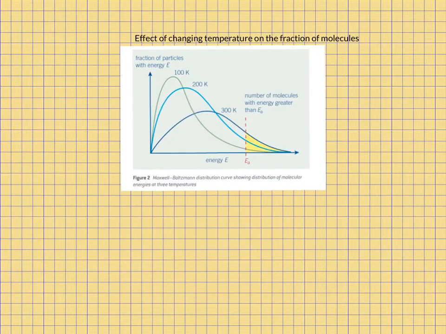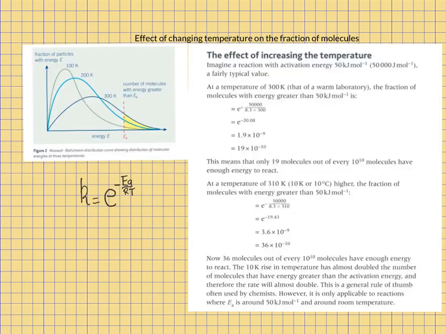So from AS we all recognise this Maxwell-Boltzmann distribution again, but now we can have a value for the fraction of molecules using the Arrhenius equation. So remember the original Arrhenius equation relating the rate constant here to the temperature and the activation energy.